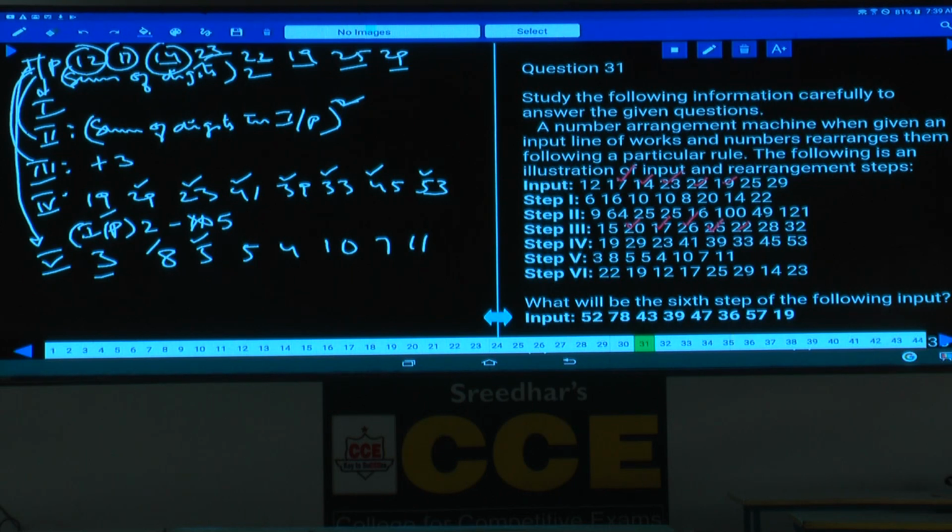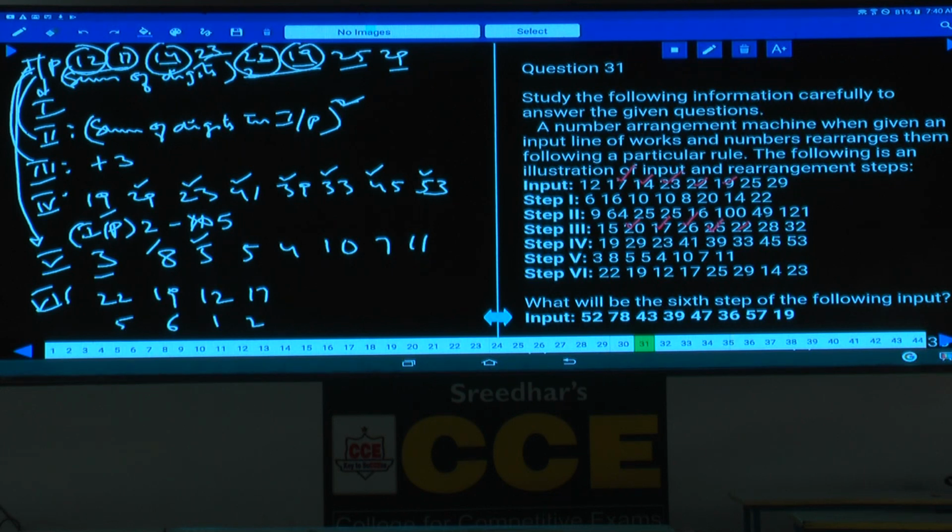Then what is the final step here? Now step 6: 22, 19, 12 and so on. Now 22 is the fifth number, isn't it? Followed by 19, the sixth number, then 12 and 17, that means first number, second number.